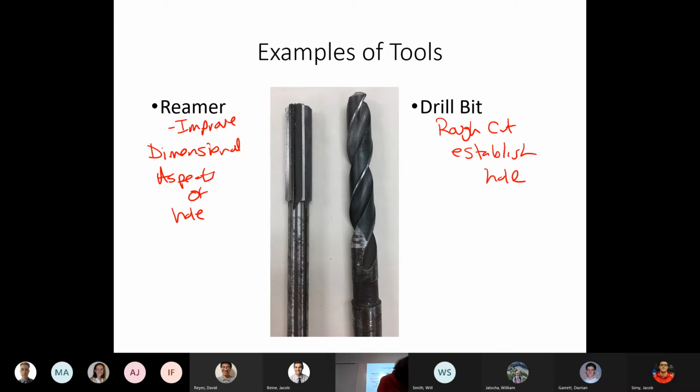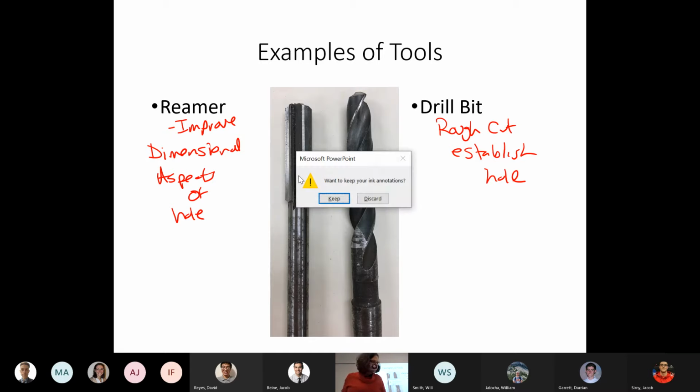Notice that the geometry of the reamer is very different. We don't have these more aggressive flutes. The cutting surfaces are just in one direction. Again, this is intended to remove small amounts of material to make the hole more of a perfect cylinder.